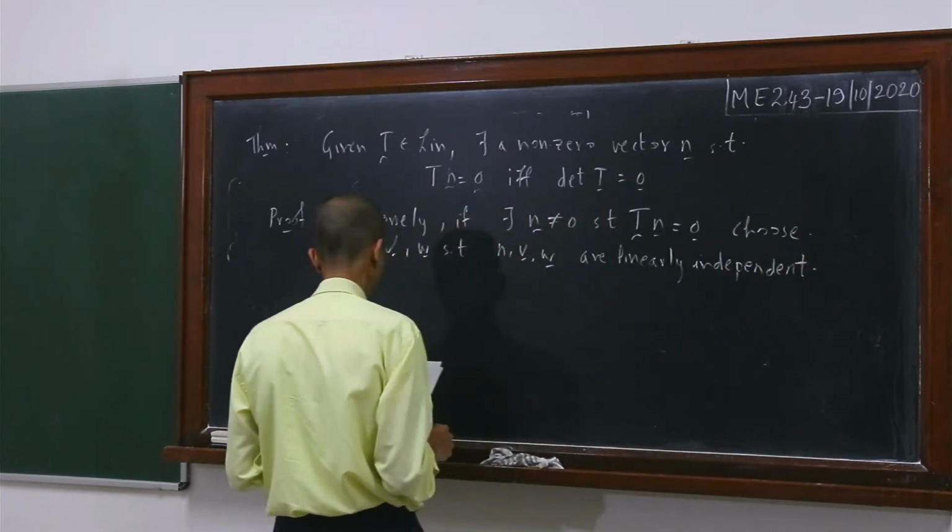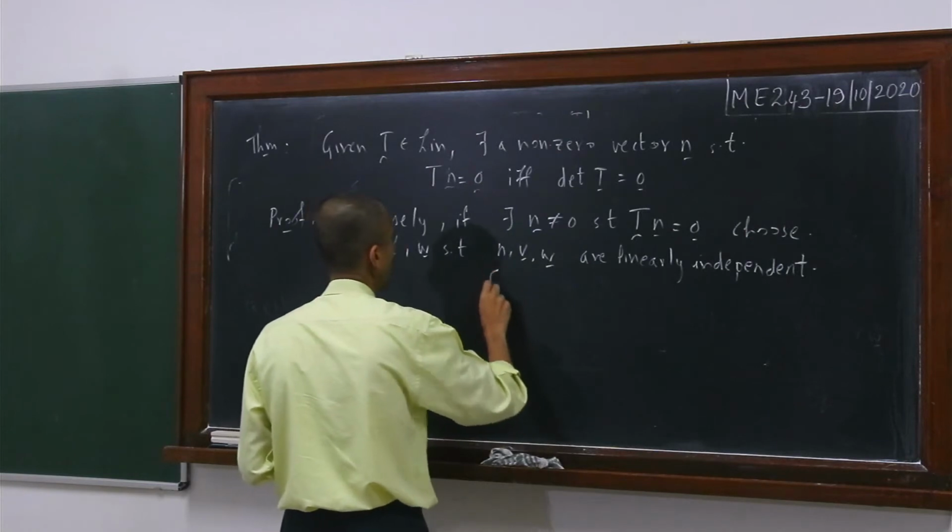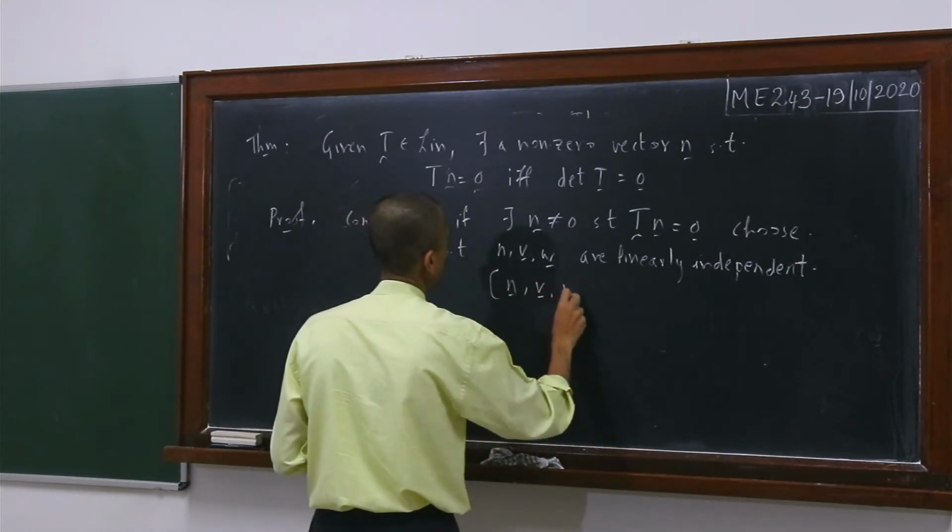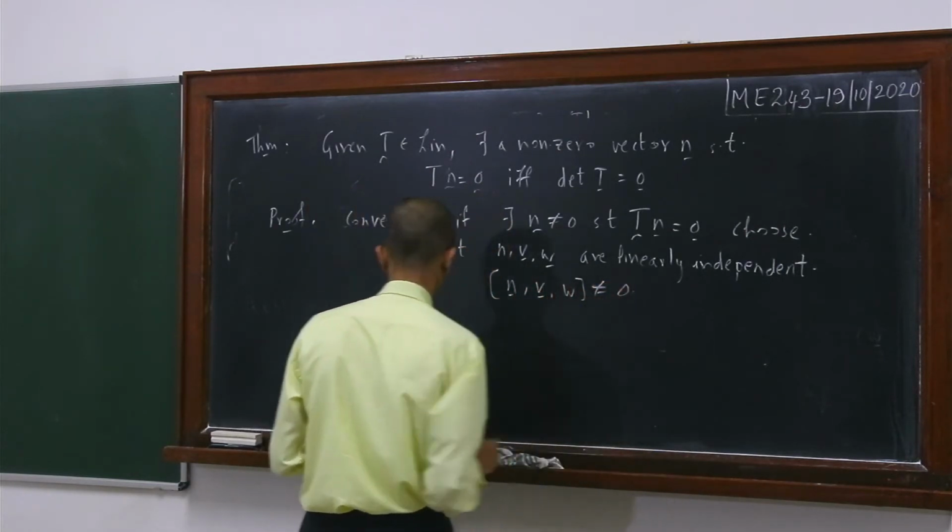And so that you will get that [n, v, w] is not equal to 0.